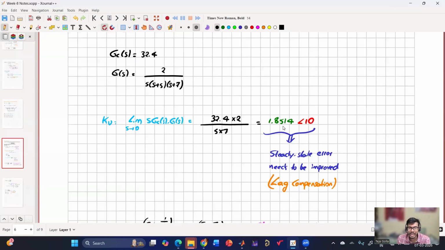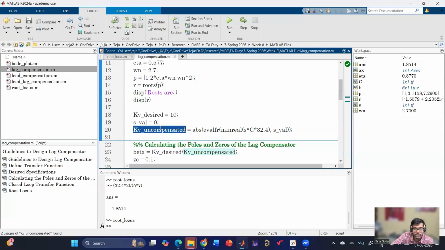With this 1.8514, I realized that it is not sufficient and I need lag compensation. So this is my KV uncompensated, and I am calculating it again, and I have given the KV desired to be 10, which comes from the user requirement.